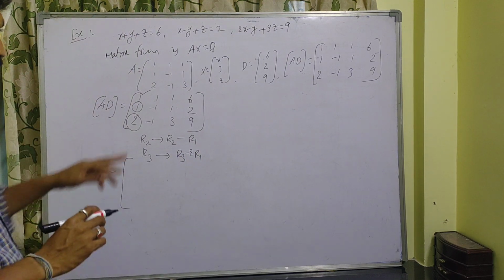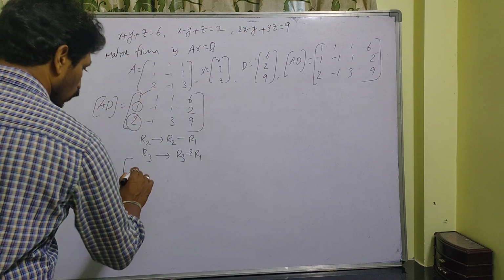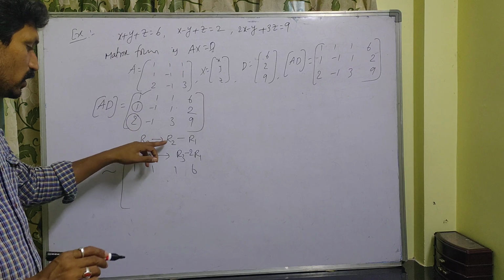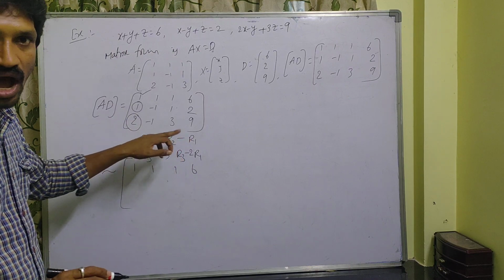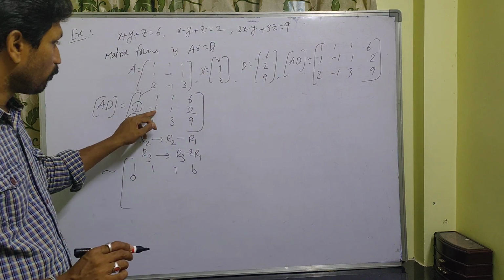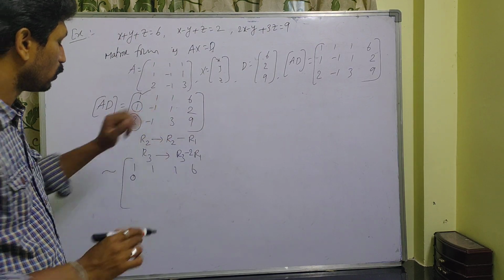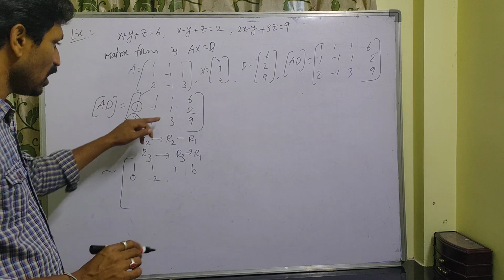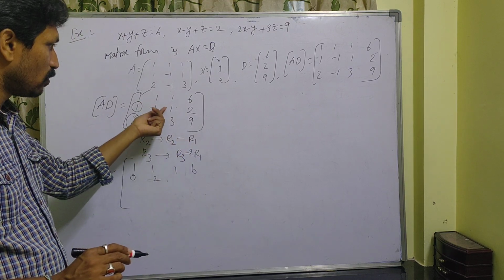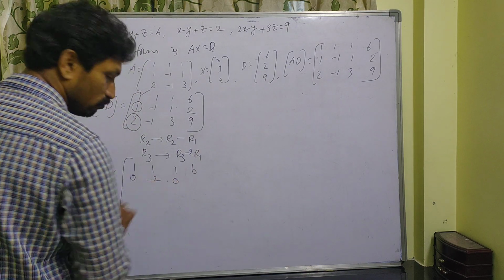Now this is equivalent to 1, 1, 1, 6. The first row is not going to change, so write as it is. The second row is going to change: R2 minus R1. That means 1 minus 1, 0. Next, minus 1 minus 1, that is minus 2. Next, 1 minus 1 is 0.